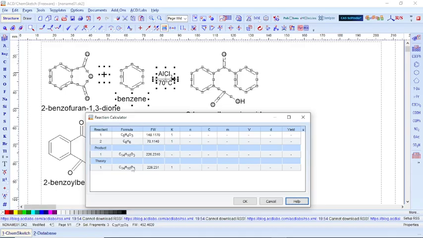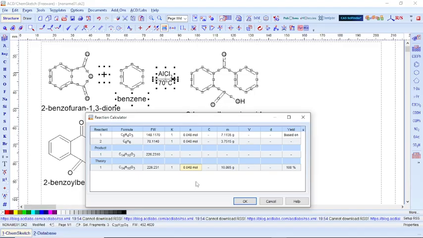So come to this mass, the mass of benzoic acid, and type your 10.865. Click outside. It will automatically calculate the mass of phthalate anhydride that you need and the mass of the benzene that you need.